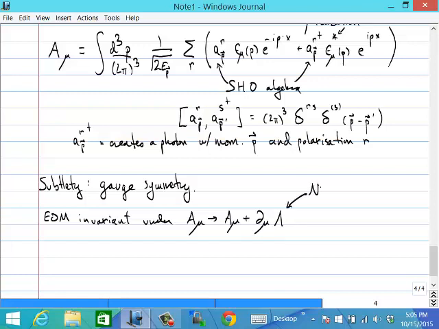And so lambda here is an arbitrary function of space, which is sometimes known as the gauge function or the gauge parameter. I don't know exactly what to call it. Let's call it a gauge parameter.